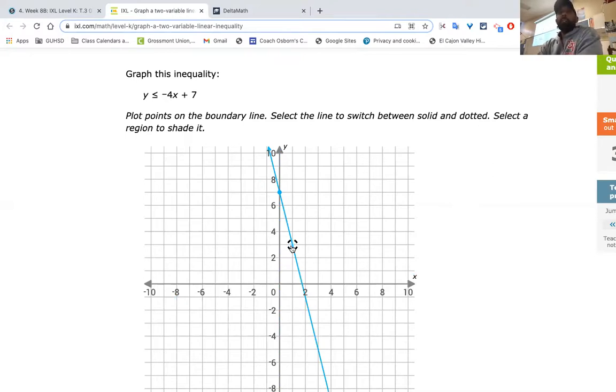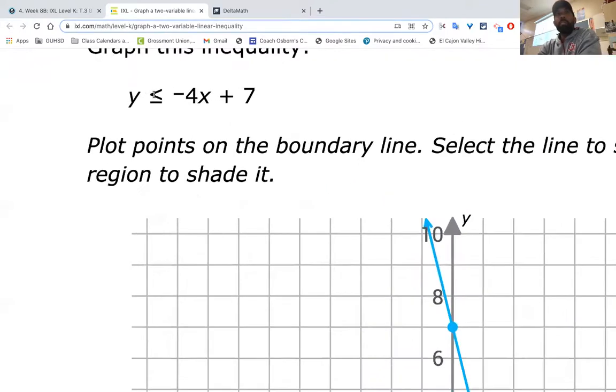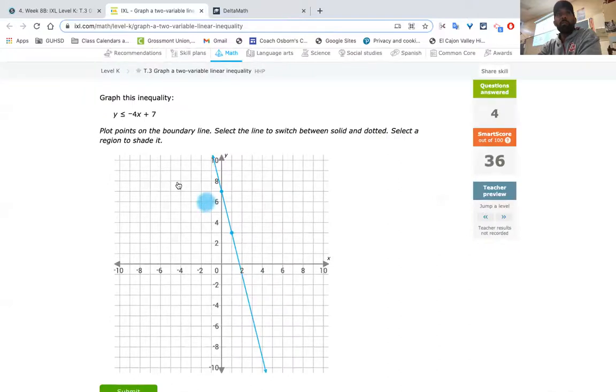And sometimes what I see is people accidentally go an extra square. So when you compare your answer to the correct answer, it looks the same, but maybe your slope's just a little bit off, but it looks really close. So make sure you're counting right. All right. So here I should be going down 4, not 5. And it says equal to, so I want a solid line, so I'm good.